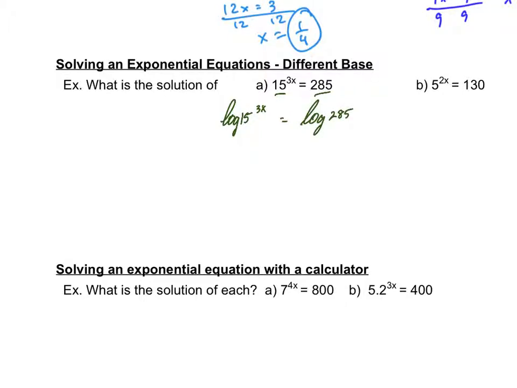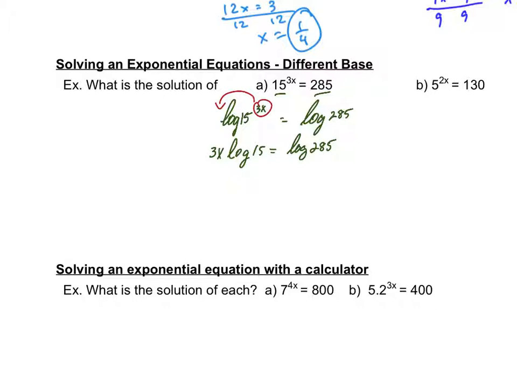I've taken the log of both sides, and now I can start looking at some of my rules. I can use my power rule. So I have 3x times the log of 15 is going to be equal to the log of 285.